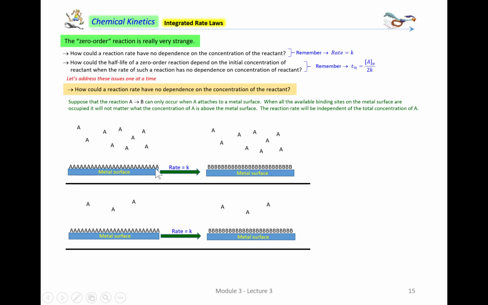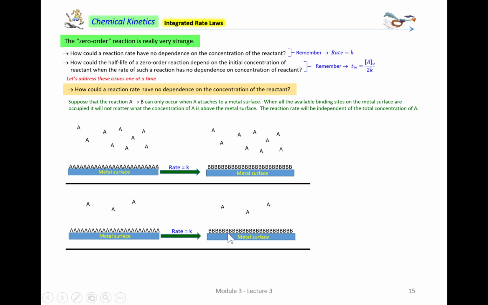The real reaction occurs with a rate constant k right on this metal surface, the interaction between the metal surface and A is turned to B, and of course there's still A hanging around. And so let's suppose now that there are fewer A molecules above. All the sites are still taken, and all of these are turned to B.